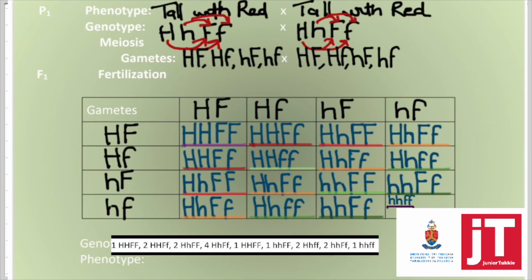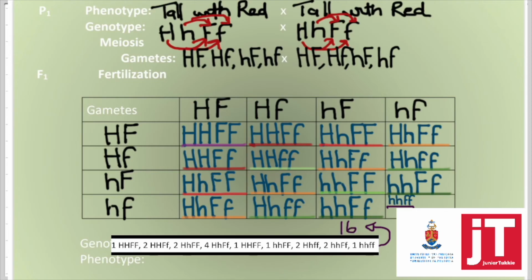If we take these different combinations out and we place them into a genotypic ratio, you're going to see the ratio as it is written down at the bottom next to the genotype. Now it's up to us to look at each of these combinations and have a look at what the expression is going to be as the phenotype, keeping in mind that a homozygous dominant and heterozygous condition result in the same phenotype for the trait.